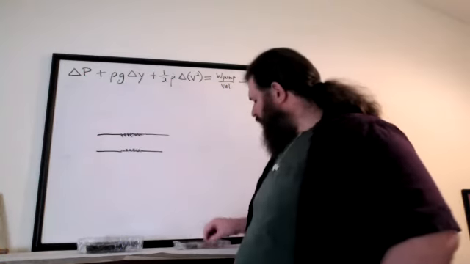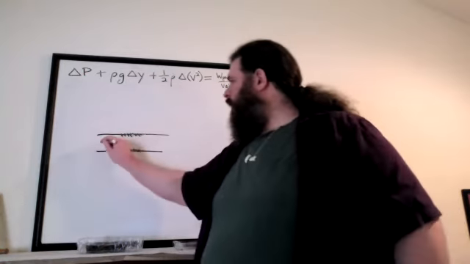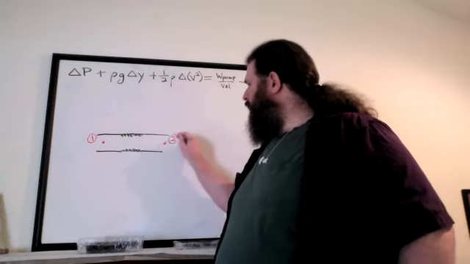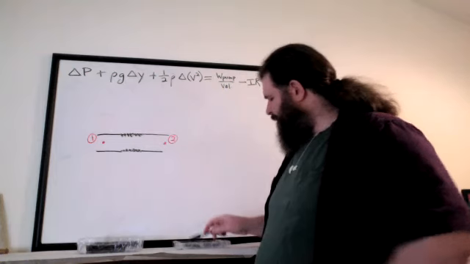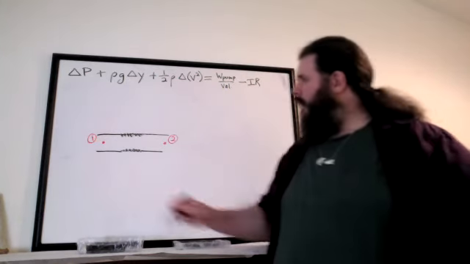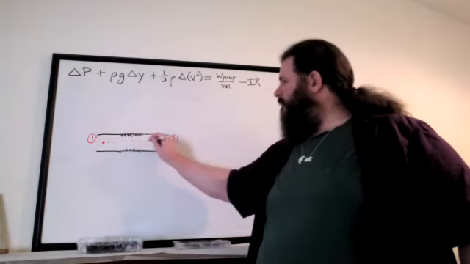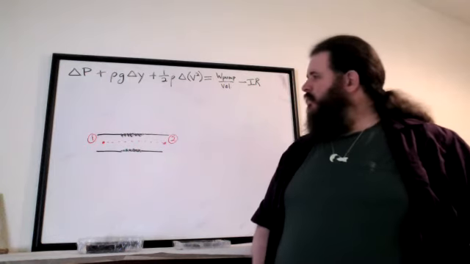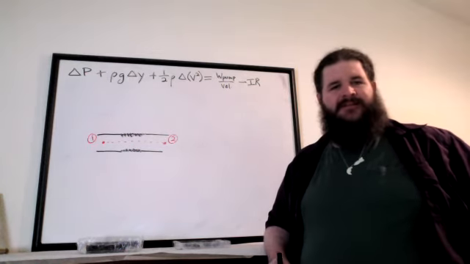And we want to compare point 1 and point 2, with this path passing through resistance. So what would the Bernoulli equation look like for that path?